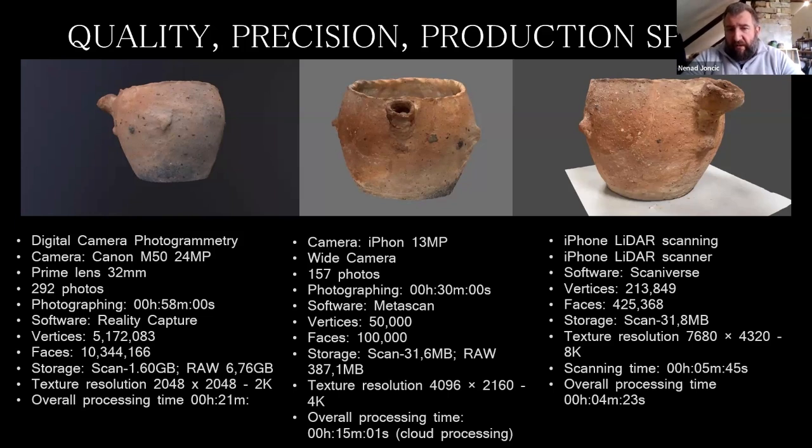And you can see the difference, that now the texture is even better. But in this case, vertices and faces are not so good. Overall processing time is 15 minutes, so it's shorter, and the time of taking photos is also shorter.